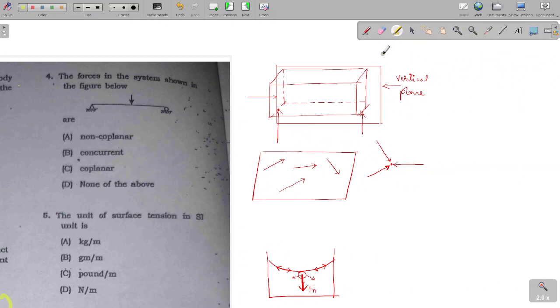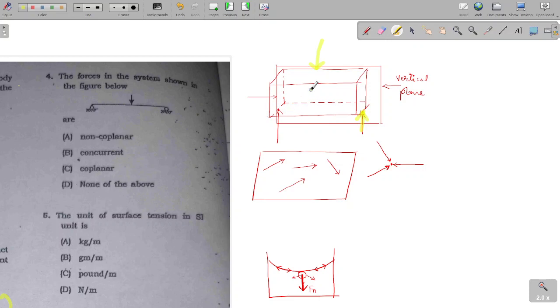Suppose I've drawn this diagram. Suppose there is a beam and a vertical load is acting upon it, and there are reactions, just like the simple support as we saw in the first question. So there will be a vertical reaction, horizontal reaction, and there will be a roller support where there is just vertical reaction.